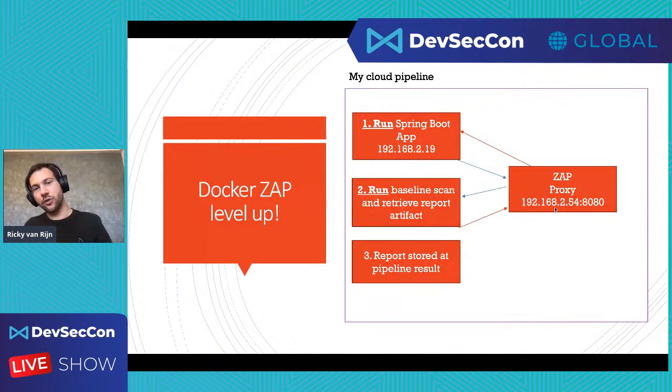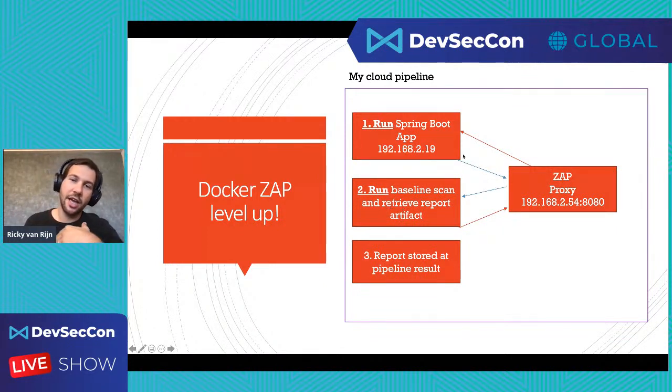So if you do a scan or a proxy attack, to say it like that, you need to have your own component. So first of all it runs your application, and through the application it's running a baseline scan, and that's running through the proxy against your application.